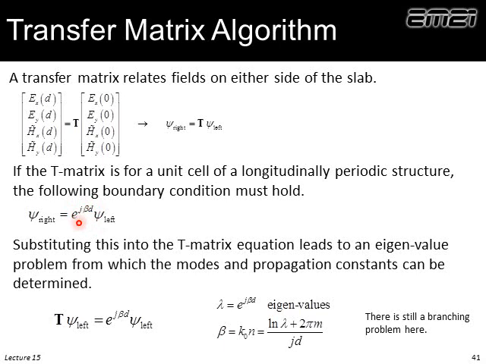So if we solve this as an eigenvalue problem, we get these complex exponentials as our eigenvalues. Given the eigenvalues, we can then invert to calculate the effective refractive index. However, there's still branching here that we'd have to sort out, and we sort it out using similar ways to those we discussed in the S parameter retrieval method.